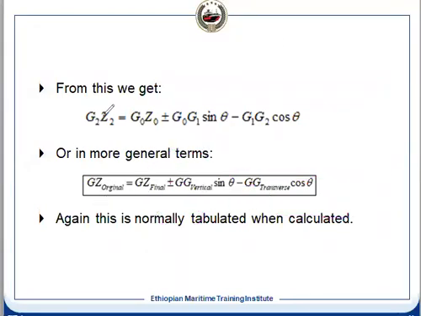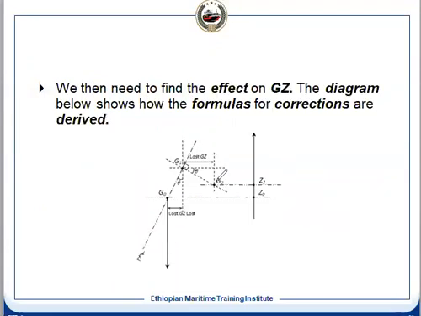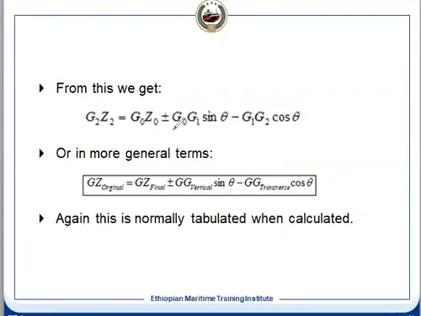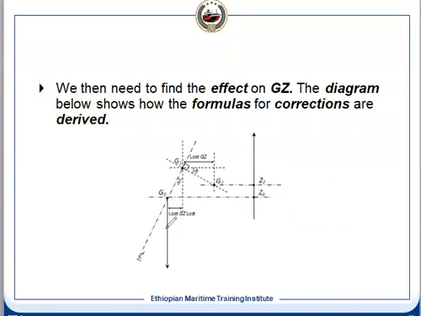GZ original, meaning G2Z2, will be our actual GZ: G0Z0 plus or minus G0G1, minus G1G2 cos theta. Why plus or minus? It can move upward or downward. If G moves down, it will be plus; if it moves up, it is minus. And this will always be minus: G1G2 cos theta.